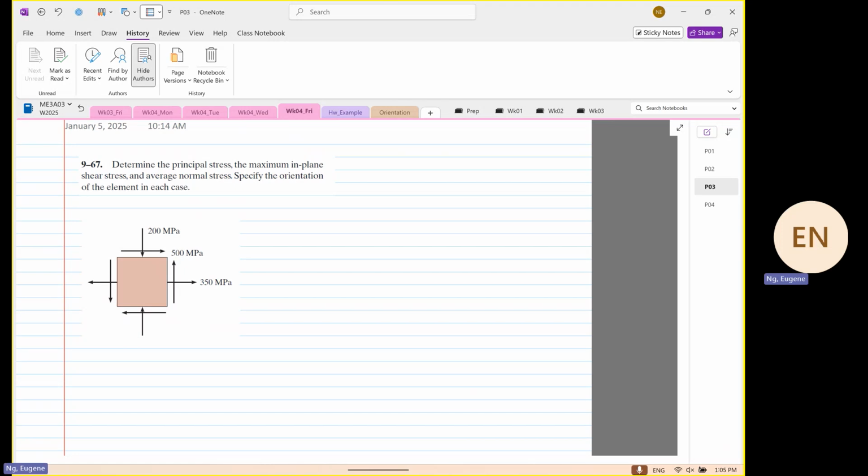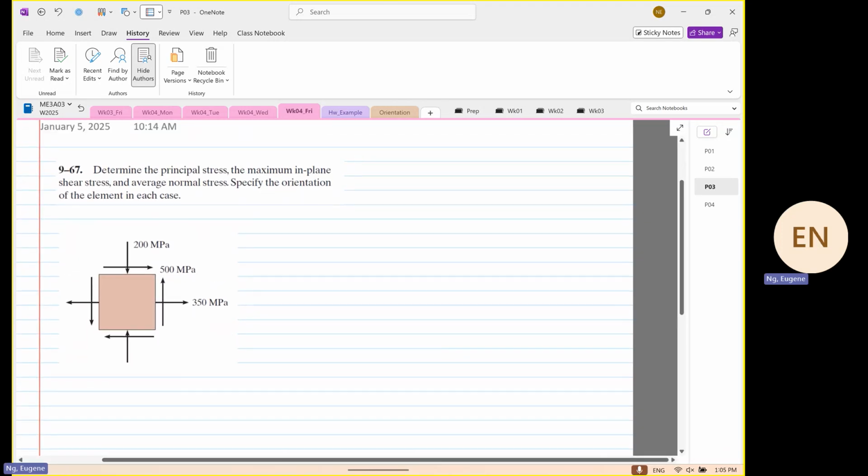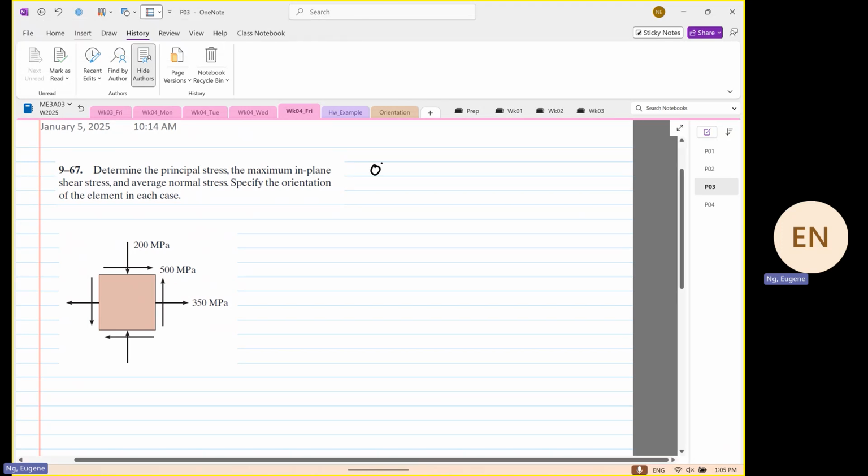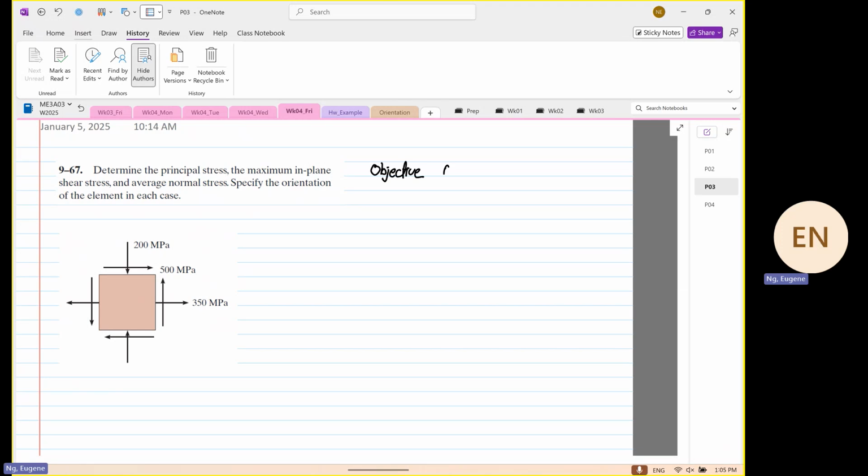So what I'm going to do in this example, the objective that we're going to do over here is this. The objective is we are going to translate information from the element to Mohr circle, and then we are going to bring it back into the what?